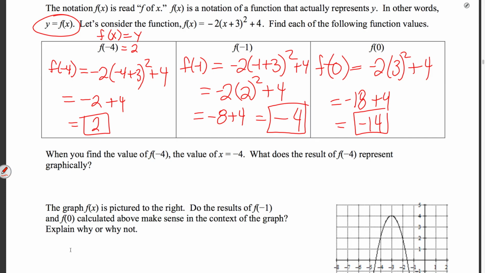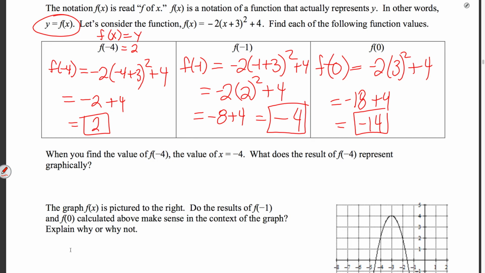Okay, who wants to tell us what they think? All right, Zach, what you got? So the x value is negative 4, and you know that. So if the x value is negative 4, then the y value is 2. And those are the points. Basically just the y value of the point, right? You could literally just write the y value.